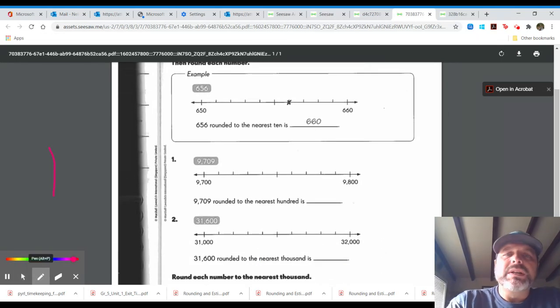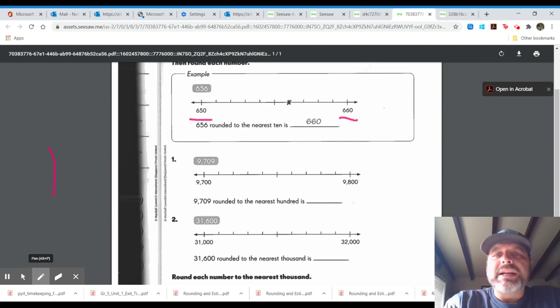So they have a number line from 650 to 660, right? Well, I know that the difference between 650 and 660 is how much? What is the difference between those two numbers? What does difference mean? Anybody know what the word difference means?